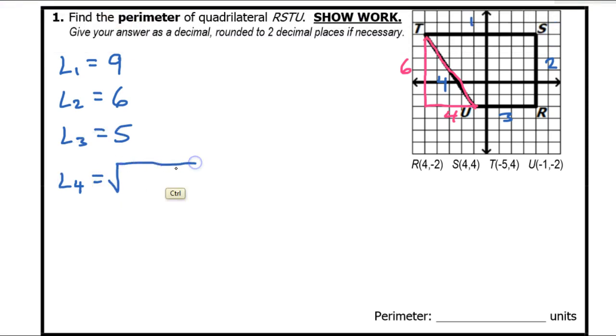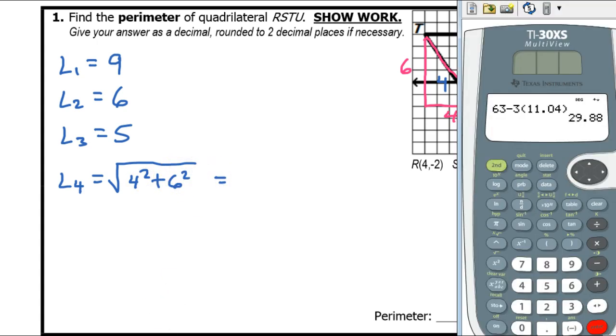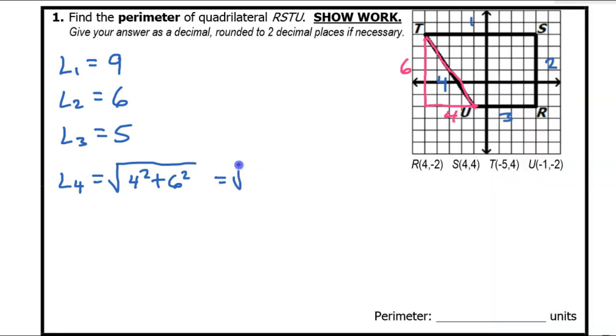This length is going to be the square root of 4 squared plus 6 squared. I'll use my calculator to help me out. 4 squared plus 6 squared is 52. So this is the square root of 52.